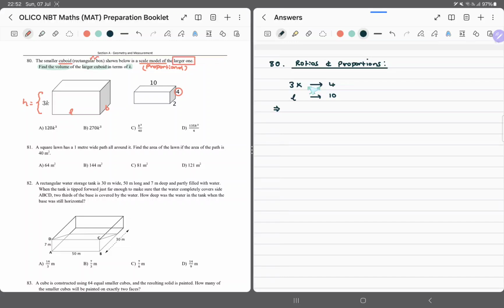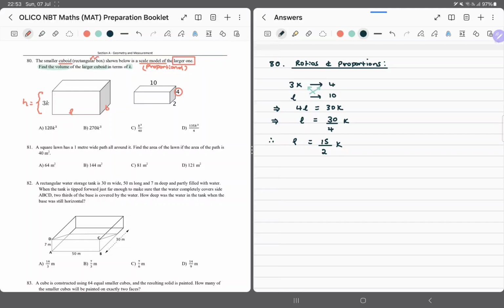So this implies that we multiply L by 4, it means 4L is going to be 30K. And then we divide. So we know that our L is going to be 30 divided by 4 times K. Therefore our L here, 2 goes 15 times, goes 2 times to 4.